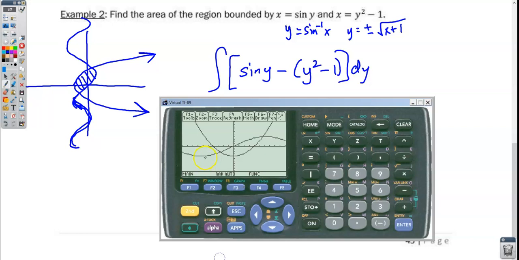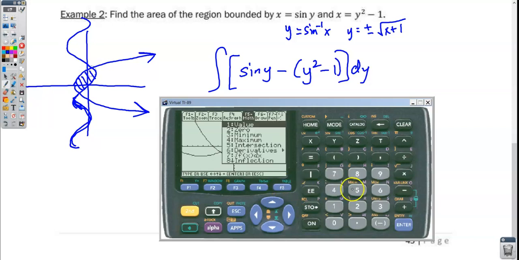But you'll notice y equals sine of x is the upper curve, just like x equals sine of y is our rightmost curve. y equals x squared minus 1 is our lower curve here, just like it's the leftmost curve here. And these points of intersection are going to have the same coordinates as these points of intersection, except that those coordinates will be flipped.